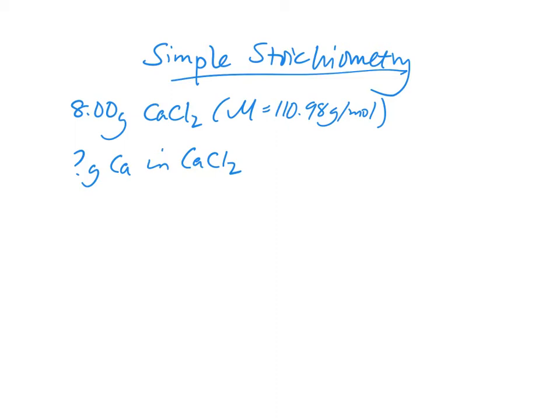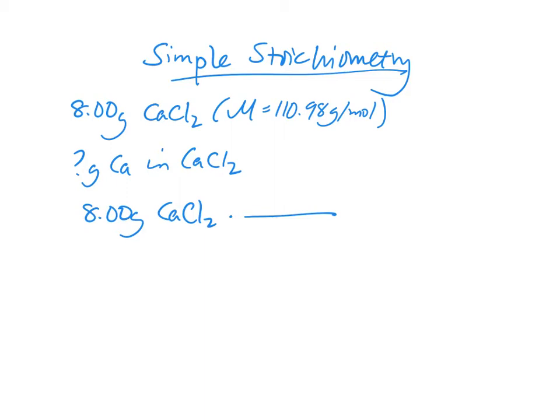But there's a much simpler way to approach this, and that is simply that 8 grams of calcium chloride. We're going to go back to our friend the factor label. The equivalence that's going to be in play here is really the same one you would use for percent composition. We just don't need to stop at percentages along the way.